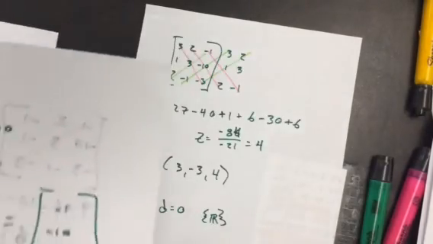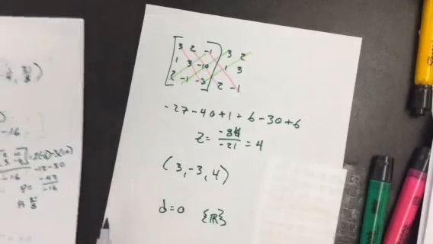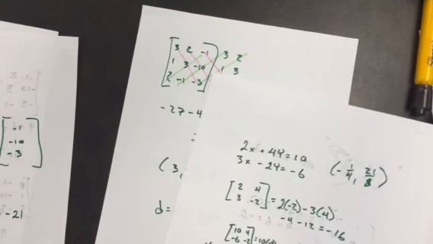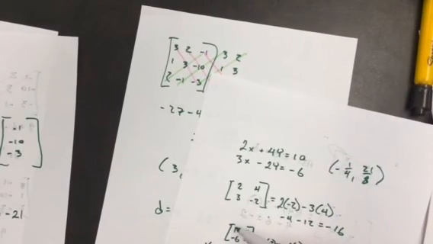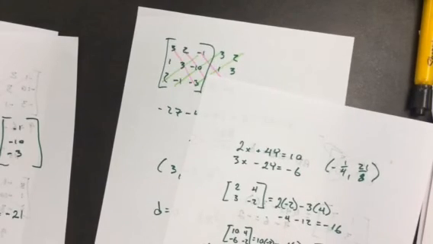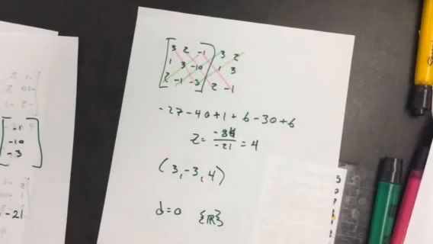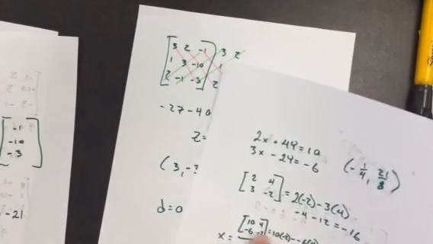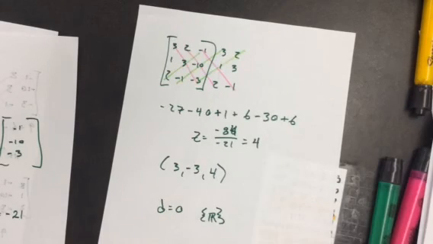So where was I? Okay, so if I do this right here and this gives me 0 and this gives me 0, then it's infinitely many. Or if this one gives me 0 and this gives me 0, then it's infinitely many. If the determinant gives me 0, but neither of these do, then it's no solution.